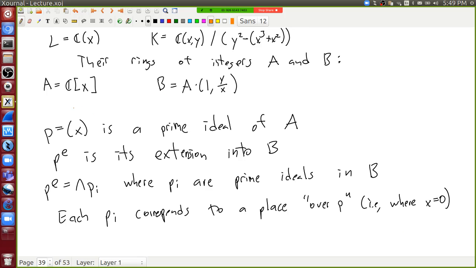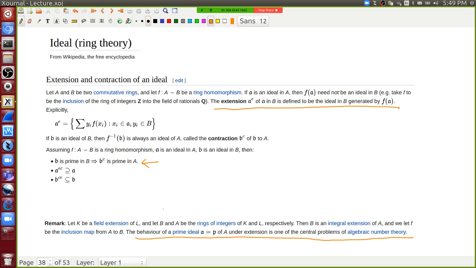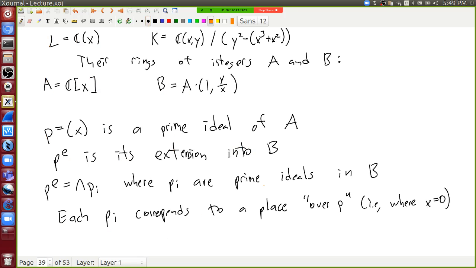Here, in this terminology, K is a field extension of L, B and A are the rings of integers of K and L. L is just the rational functions in X. K is the function field of the curve: rational functions in X and Y, modulo the defining polynomial of the curve. The term rings of integers is from algebraic number theory.